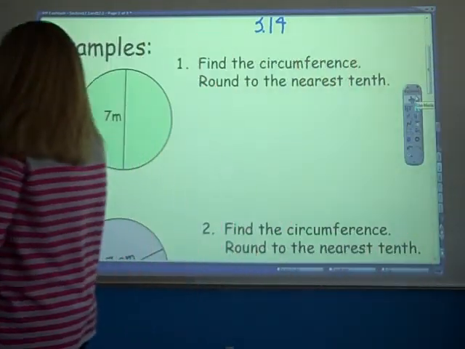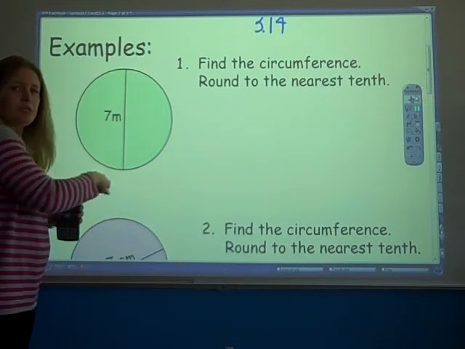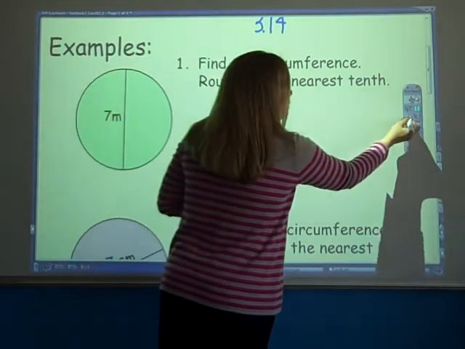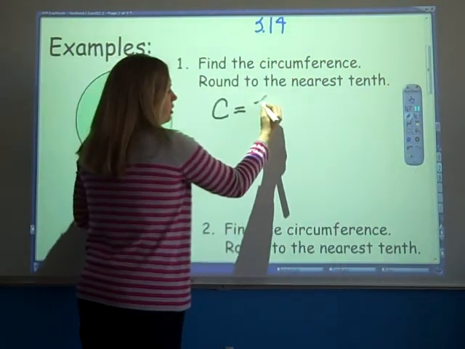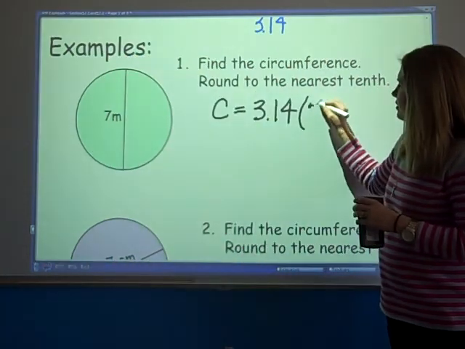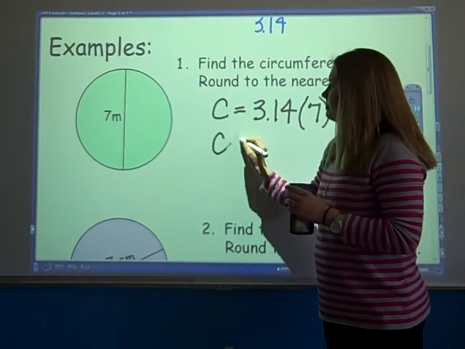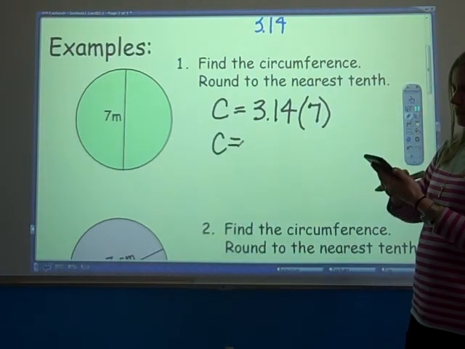Find the circumference of the given circle. Here we have the diameter, so we're going to plug that into our formula. We write C equals 3.14 times our diameter of 7, and we just multiply. 3.14 times 7.